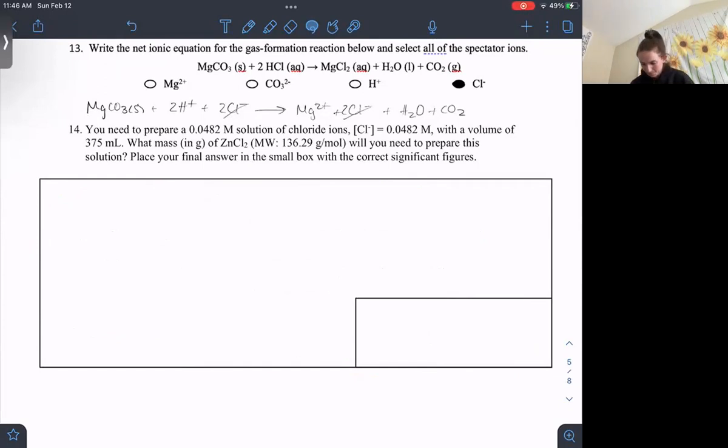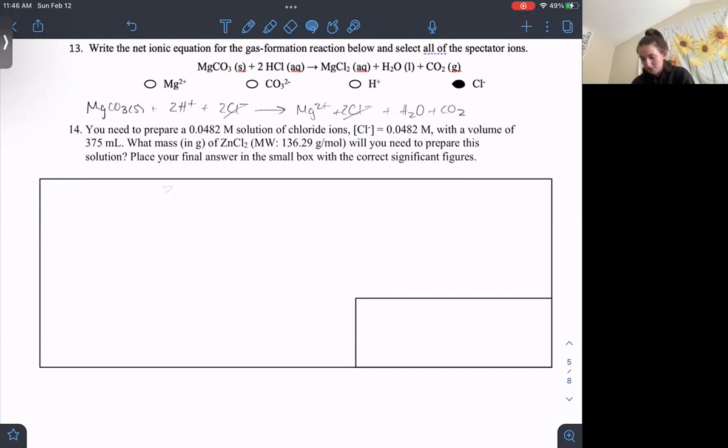But in any case, so for question 14, we need to prepare a molar solution of chloride ions with a volume of 375 milliliters. We want to know the mass in grams of zinc chloride that you'll need to prepare for the solution. Okay, so when we look at this type of question, whenever we're given a compound and we are looking for ions or anything, we always want to write down what it would look like if it dissolved in solution.